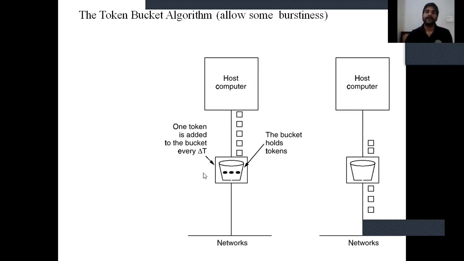These tokens travel from this buffer to the network at a constant rate. Several packets are stored in a token, so speed and efficiency increase with respect to the leaky bucket algorithm, because one token is added to the bucket every tick.